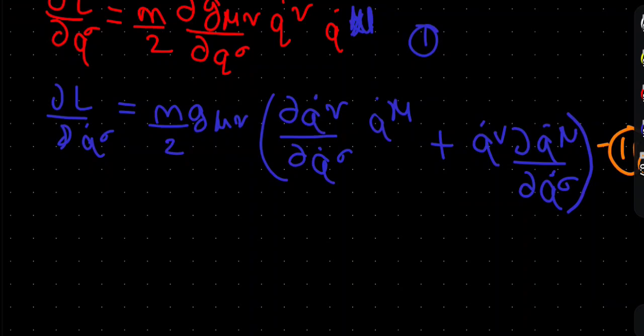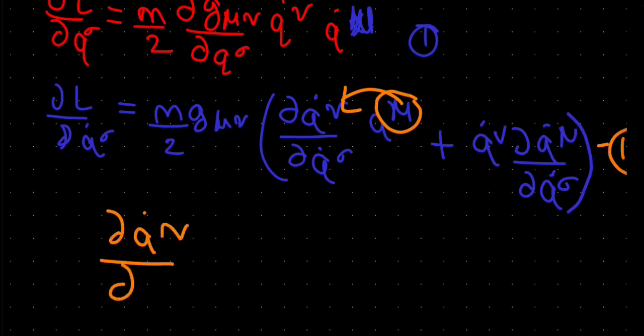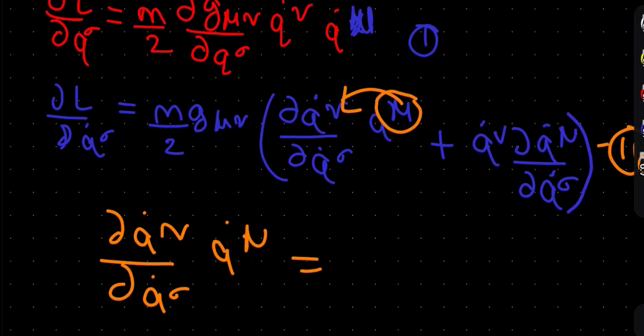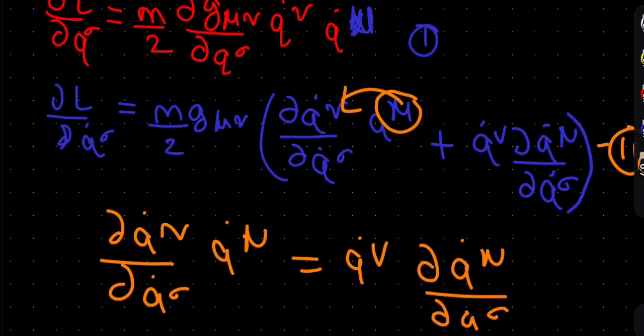If they are symmetric, when you interchange these indices you obtain the same thing. What I'm trying to say is that q dot μ del q dot ν divided by del q dot sigma equals q dot ν del q dot μ divided by del q dot sigma.